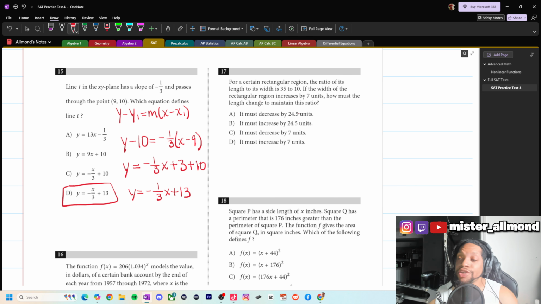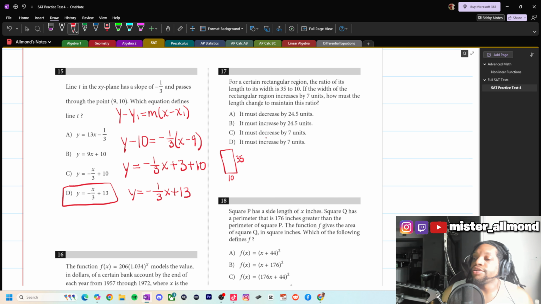I think this is the first problem that will make people think, I feel like. So I'm going to draw it out. 35 to 10. Obviously, I'm not going to draw it to scale, but I'm just going to create a little visual. All right, so one dimension is 35 and the other one is 10. That's their ratio. Remember it's length to width.